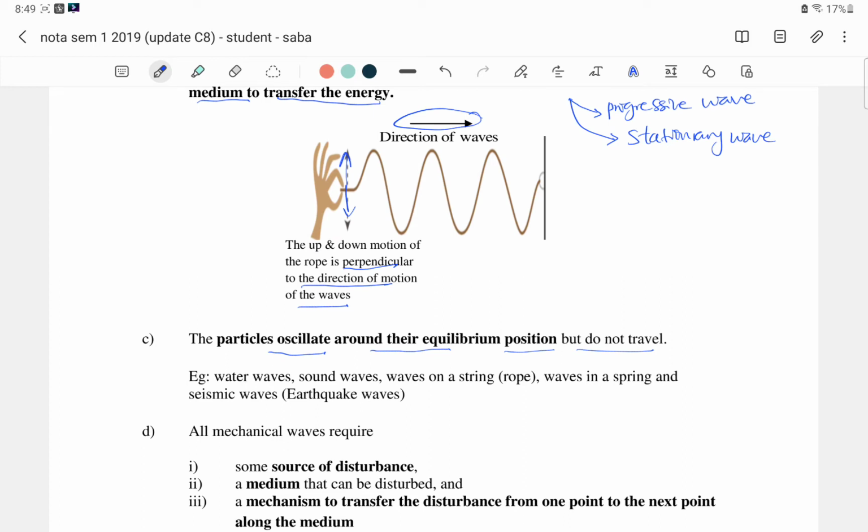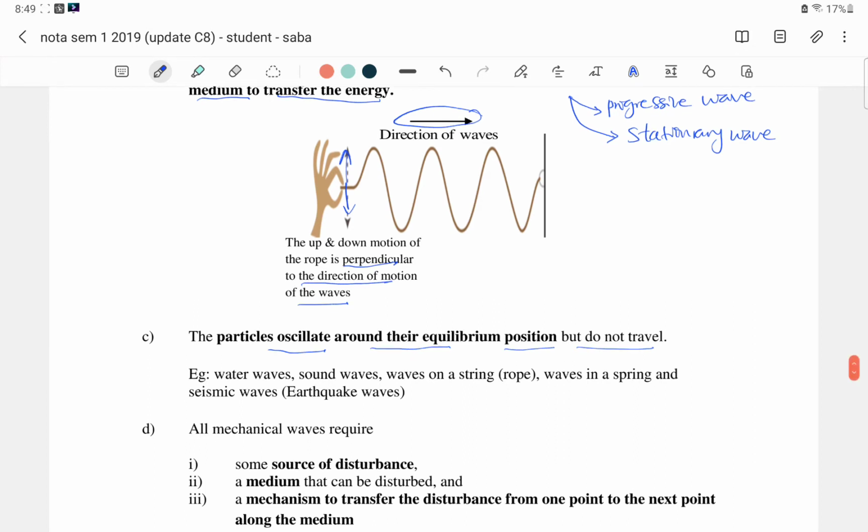So if we vibrate the particle up and down, and the direction of the wave is to the right, so we can say that it is 90 degrees. Direction of propagation of wave and direction of vibration of particle is 90 degrees. So this one we call a transverse wave. We will look at it again later.